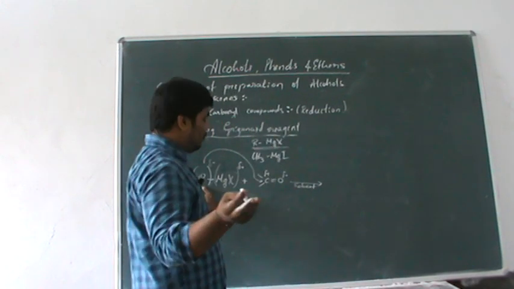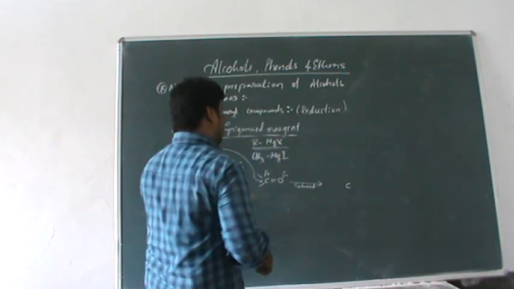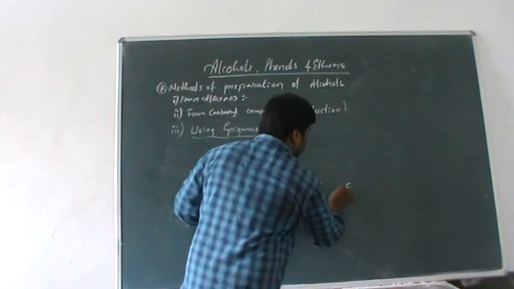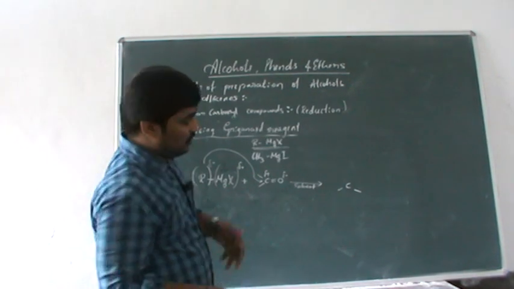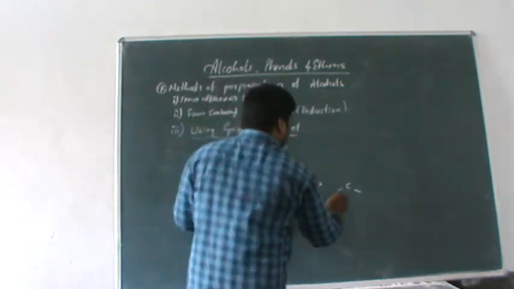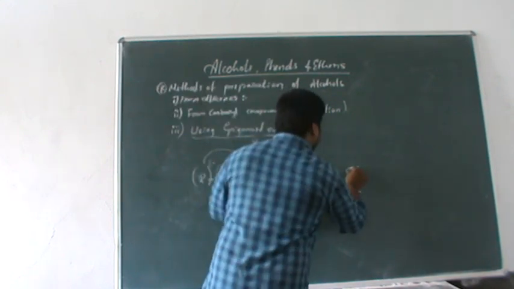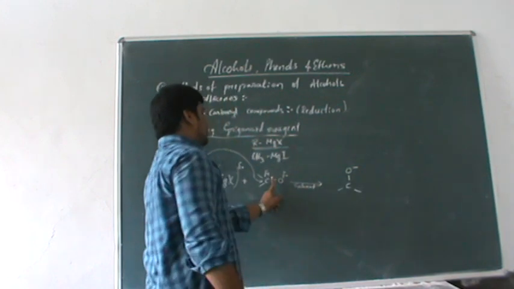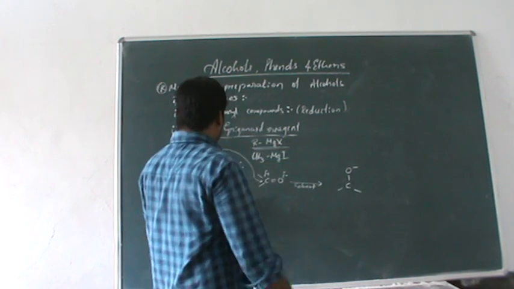Then how to write the compound? Addition product. See, there are two groups. I don't know what they are. It may be aldehyde or ketone or carboxylic acid, anything. And O becomes O minus, not partial, a complete negative charge, because the pi electrons move towards oxygen.